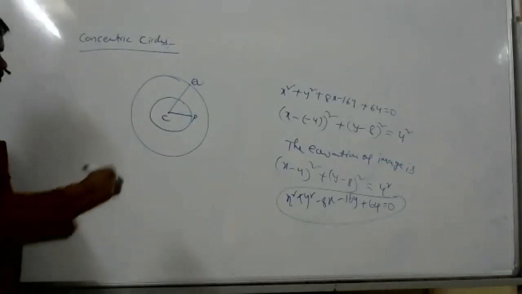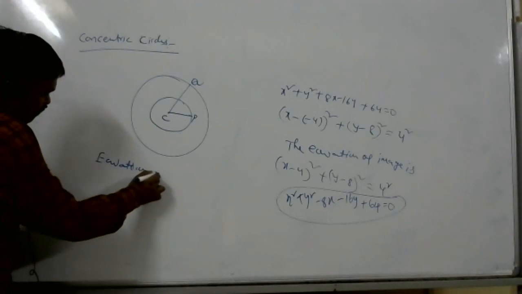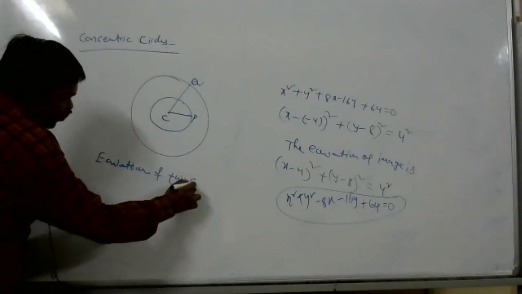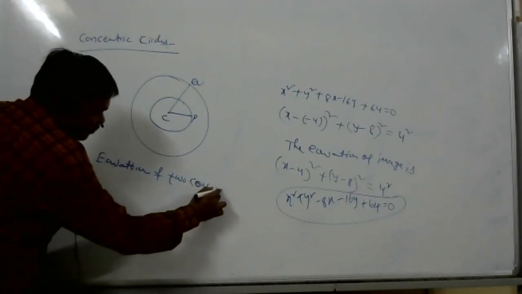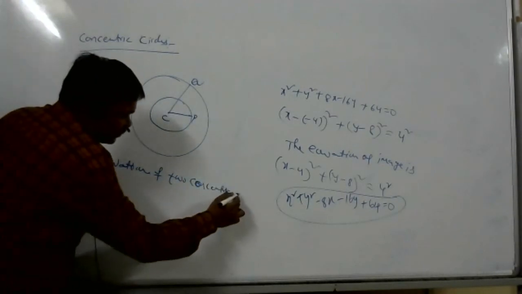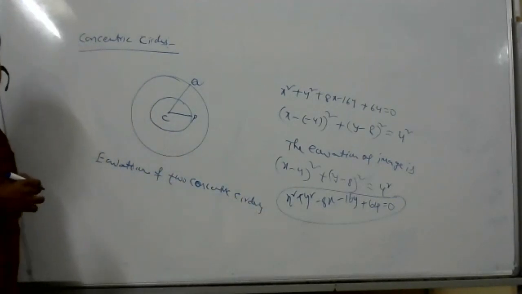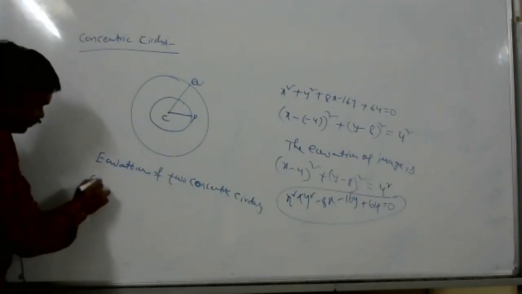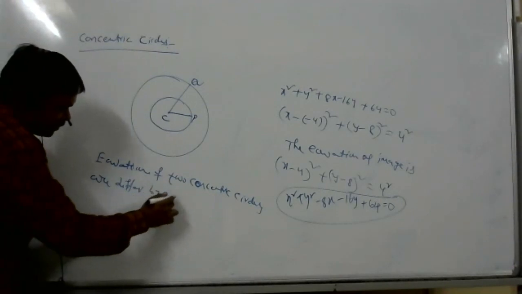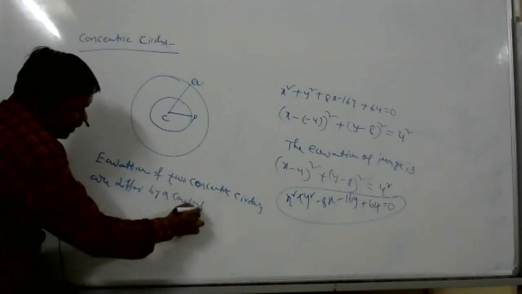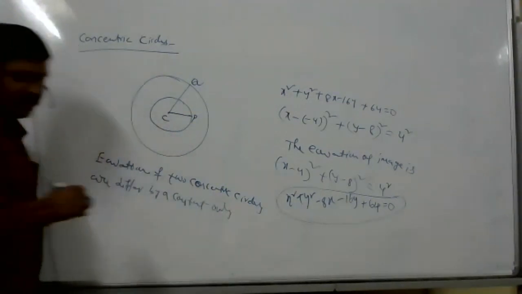See, equations of two concentric circles differ by a constant only.